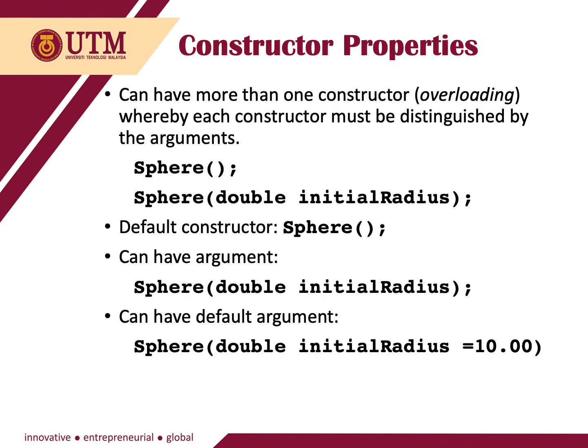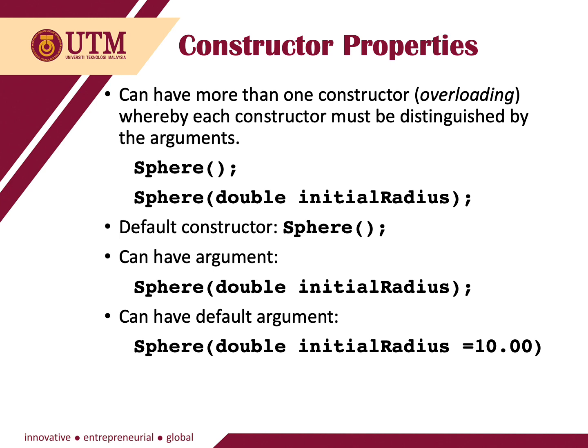Let's see the constructor properties. As I mentioned earlier, we have about 3 constructors. The first one is the default constructor, which, as I mentioned earlier, will be automatically created.